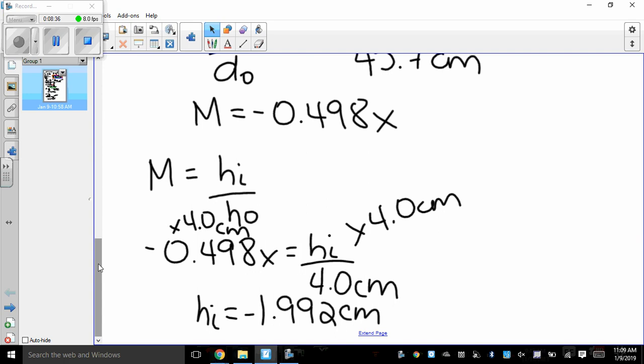The only thing that we have that we're gonna kind of argue with here is that object and image heights are positive if they're above the principal axes and negative if below. So if the equation dealt with a diverging mirror, we would have to note that it will always be positive because it always has to be above. Does that make sense?